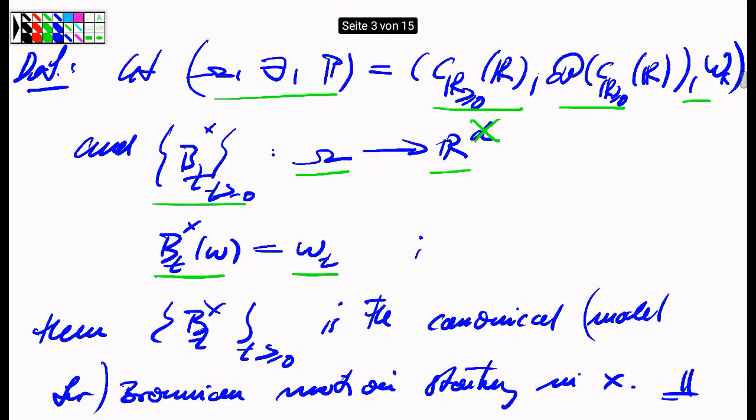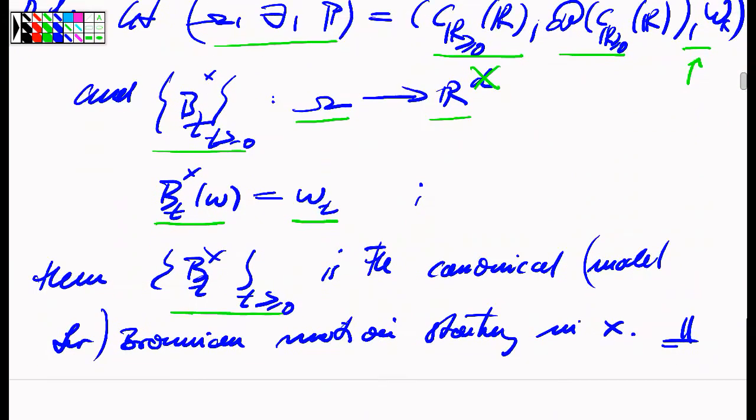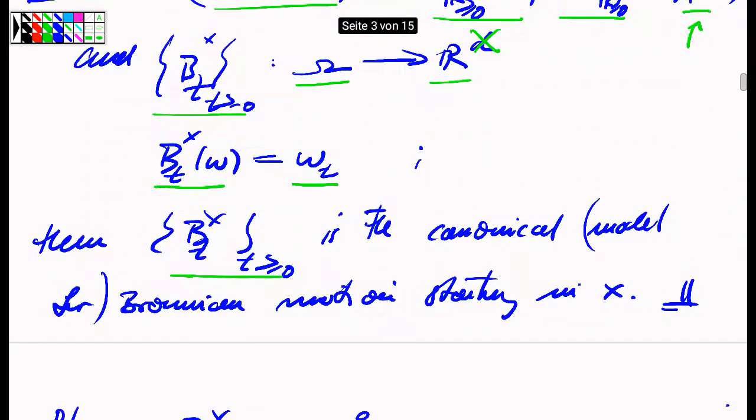Then, if we endow this canonical path space of continuous paths with the Wiener measure for a Brownian motion starting in x, then this B_t^x process is another instance of a Brownian motion starting in x, and this is what we shall call the canonical model for Brownian motion starting in x.